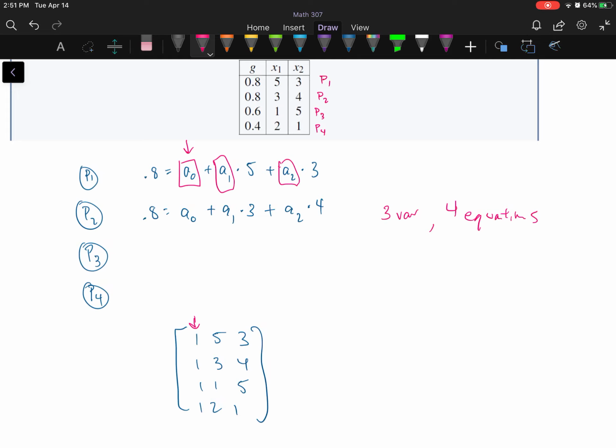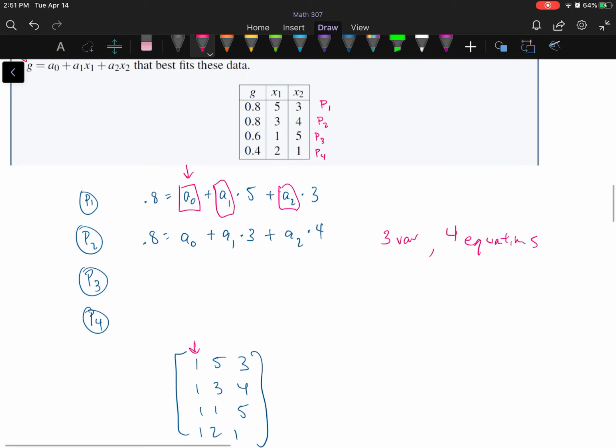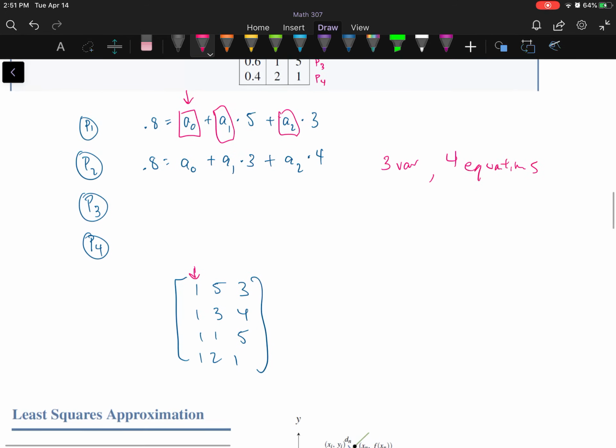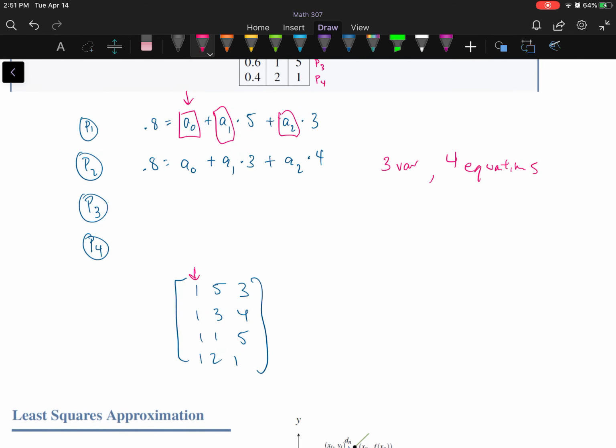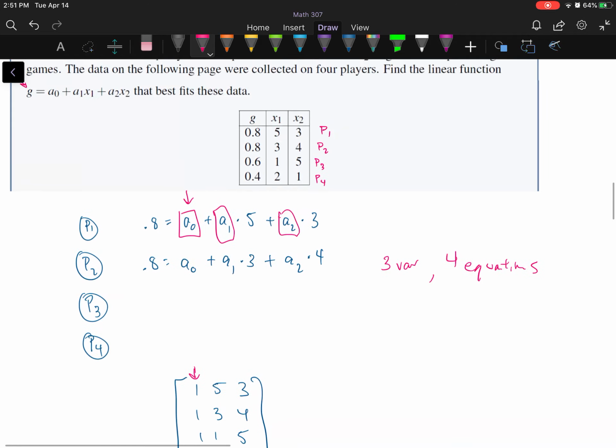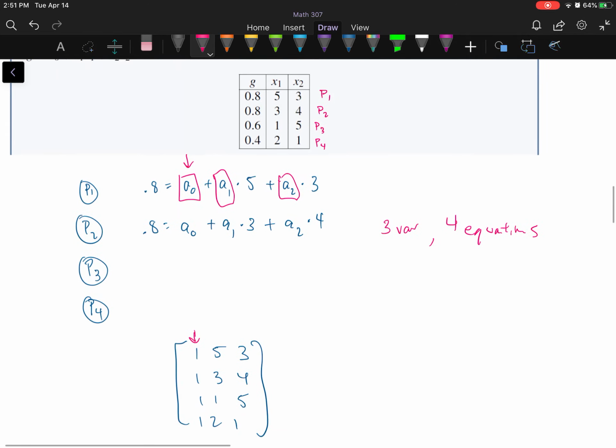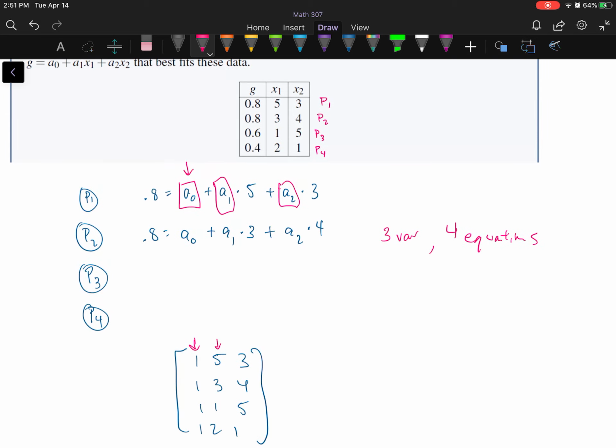And that's fine. That happens a lot of times. This A0 number is kind of like a starting point that we'll get to analyze when we look through the results of this one. But notice that this is basically the x1 column, and this is the x2 column of that chart above.